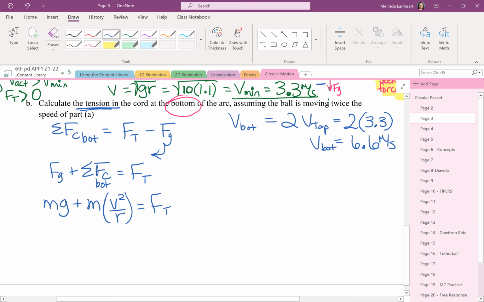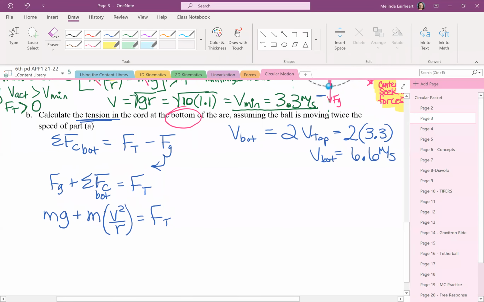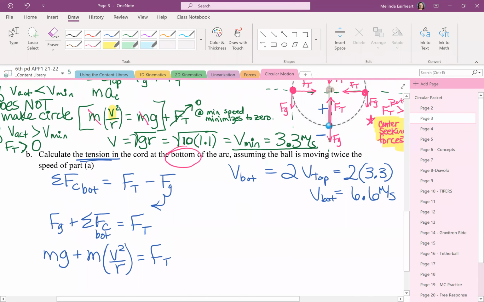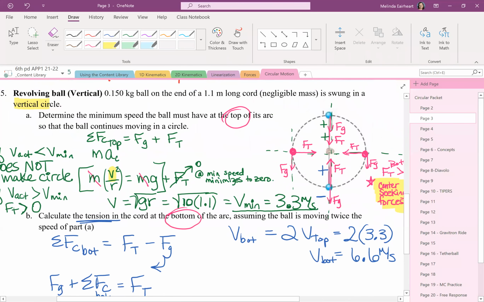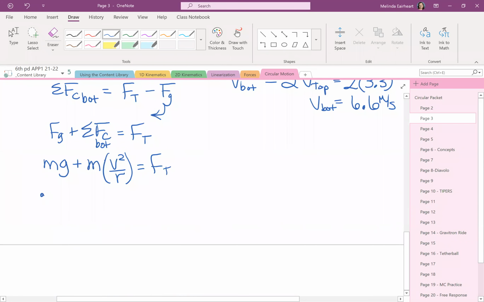And so they told us, but not quite. And so now we know everything. We can plug in. Now it's just a math problem, right? Physics is done. Plug and chug. Mass, still the same. It does not cancel out when you solve for tension, right? Careful on the cancel. Don't get cancel happy. And so mass was given 0.15 times 10.